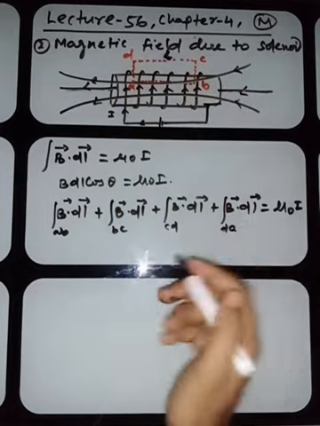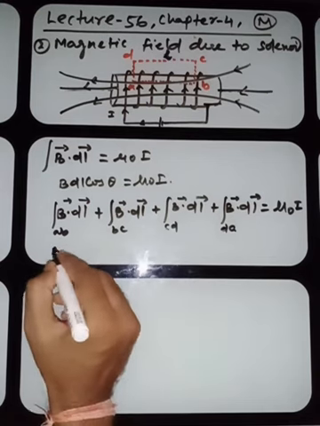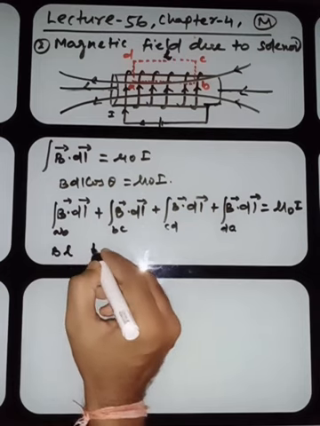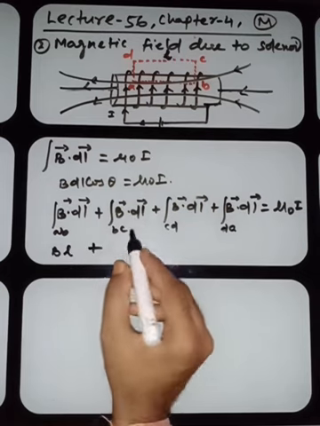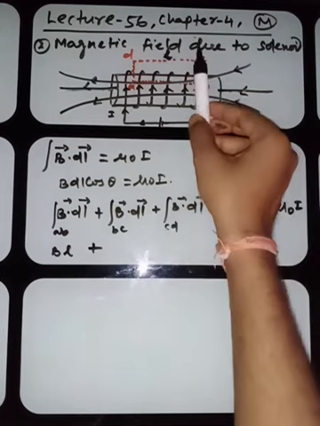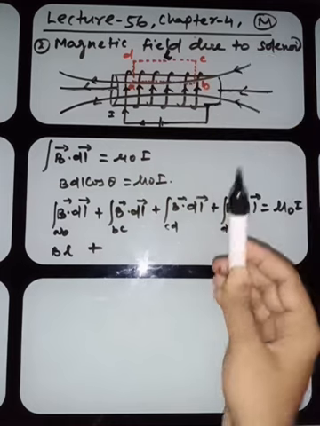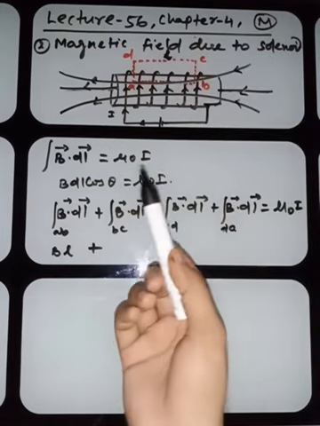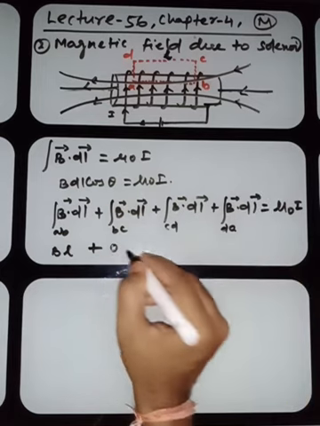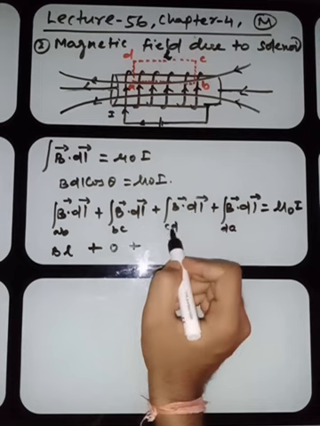We write B dot dl as BL for AB, plus B dot dl for BC. Here dl is in the upward direction and the magnetic field is in this direction, so the angle is 90 degrees, and cos 90 is 0. So this is 0, plus B dot dl for CD.